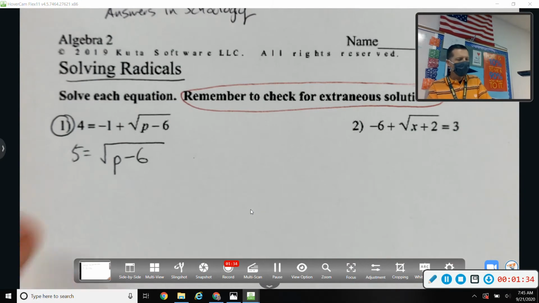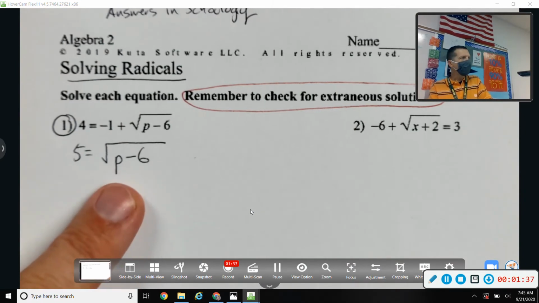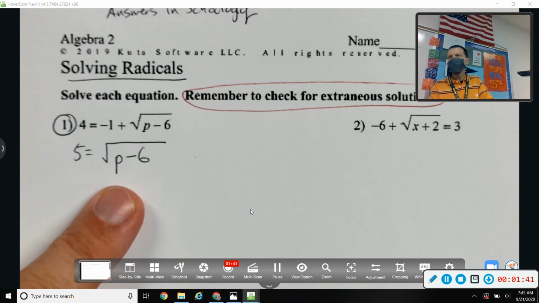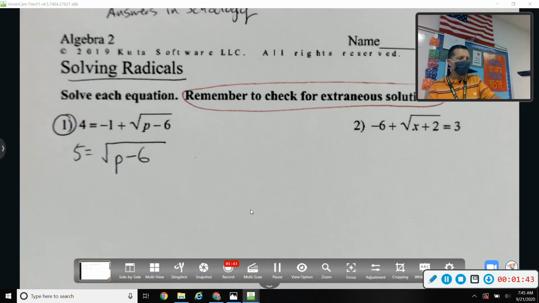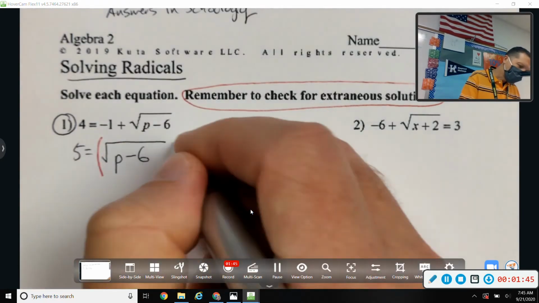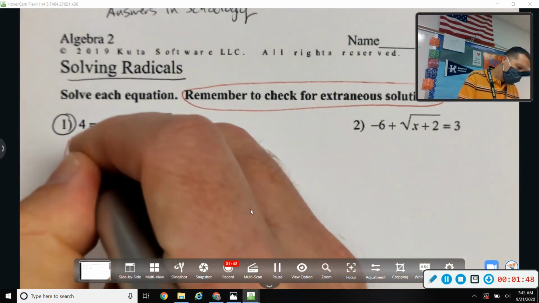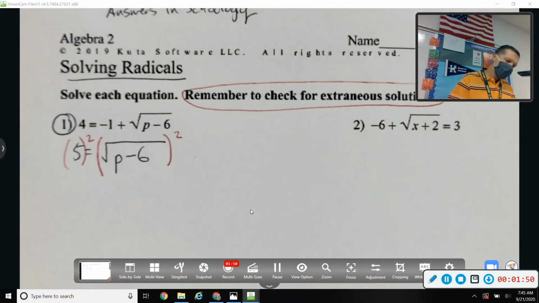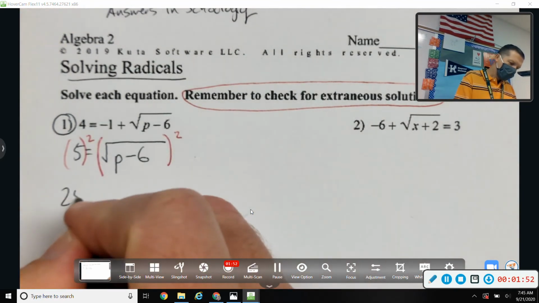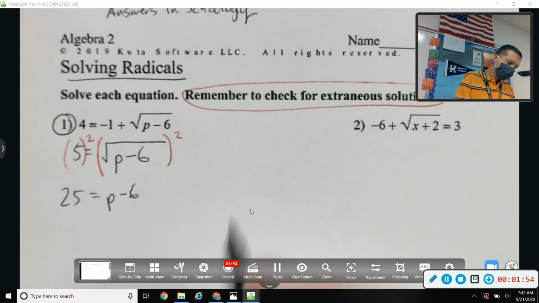Well, the next thing I'd like to fix is that square root. What would undo a square root? Squaring. So let's square both sides.